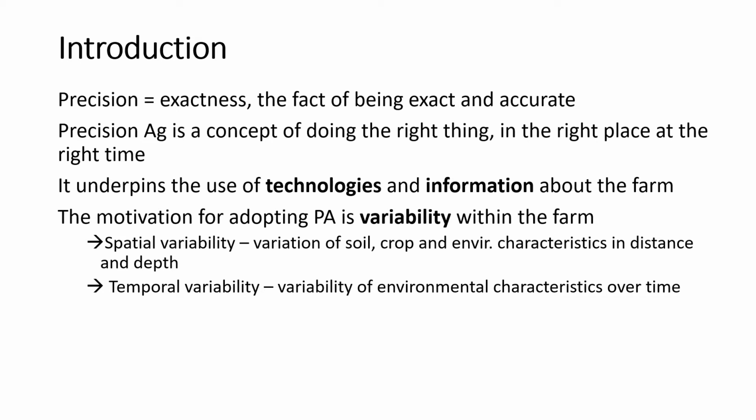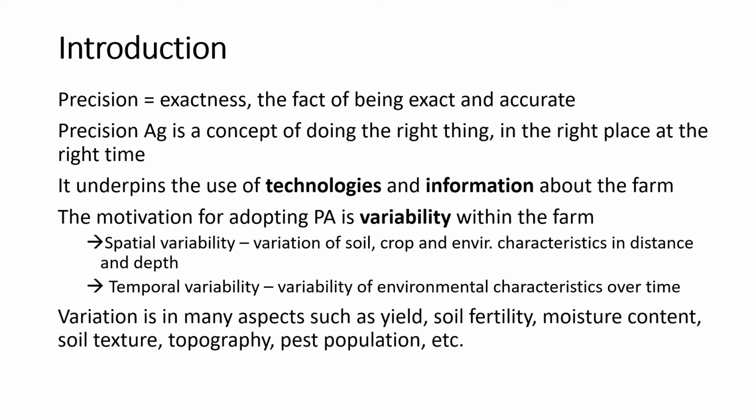And here we are talking about two types of variability. One is what we call spatial variability, and this is about variation of things such as soil, crops, and environmental characteristics in distance and depth. The other type of variability is temporal variability, and here we are referring to the variability of environmental characteristics over time.